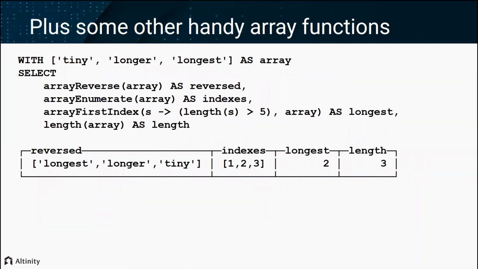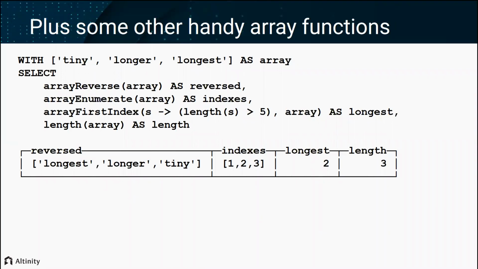ClickHouse has many different functions that help you to manipulate arrays, and sometimes they accept lambdas, sometimes they do not. If you look into the ClickHouse documentation or even the ClickHouse system.functions system table, all the functions that start with array, you will find probably 50 or 60 different functions that all do quite interesting stuff.